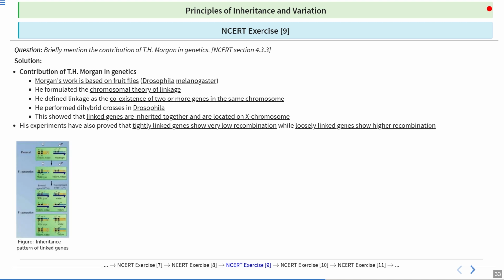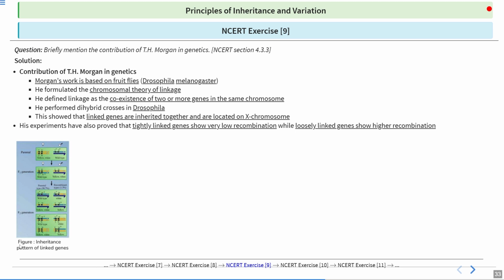Okay. Now these two genes can be tightly linked or they can be loosely linked. So if genes are tightly linked, they show very low recombination. And if the genes are loosely linked, then they show higher recombination.